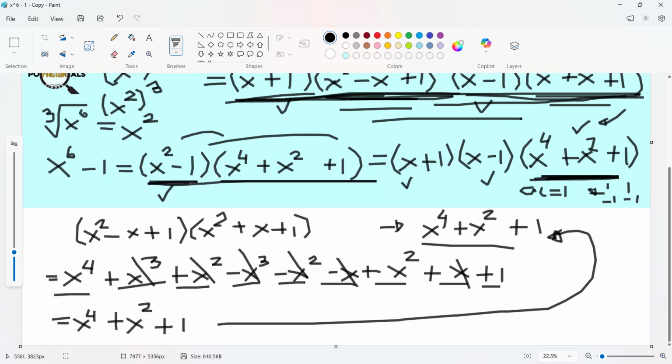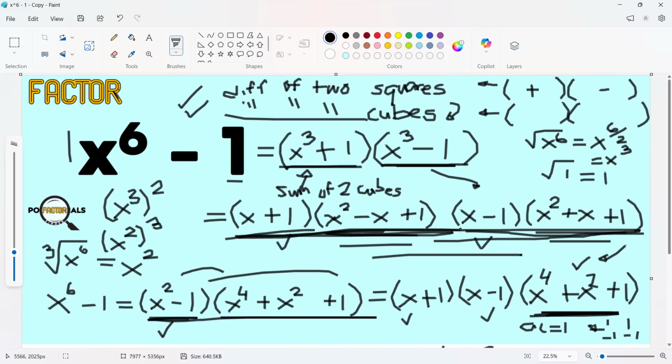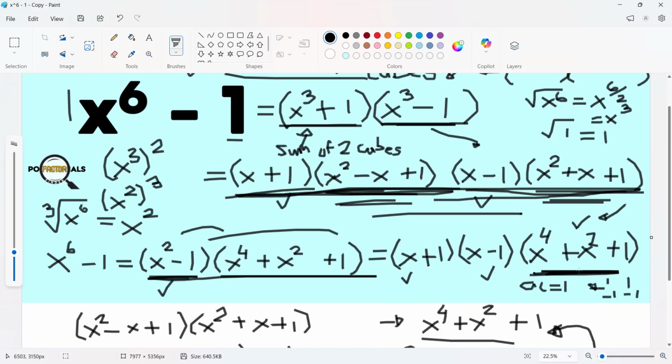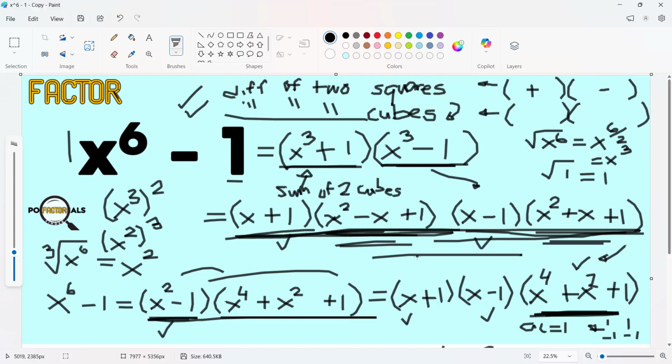This guarantees that whichever way you attack this type of problem, whether you factor using difference of two squares and see if there are items that can be factored using difference or sum of two cubes, or you start with difference of two cubes, then later factor possibilities for difference of two squares, you will get the same result. It's just that they are written differently because they can no longer be factored once we reach this point. So hopefully this example is clear.